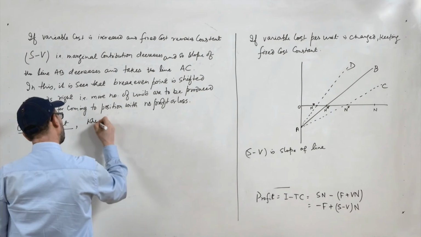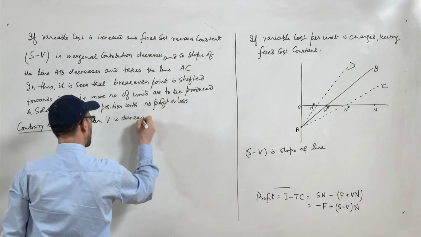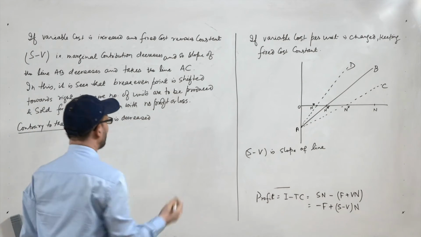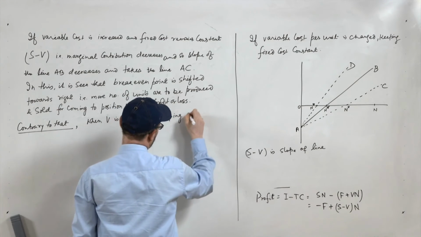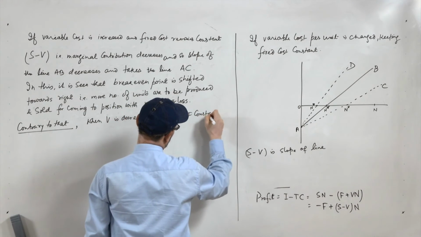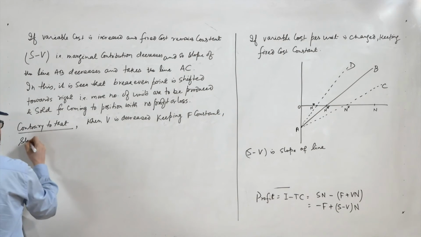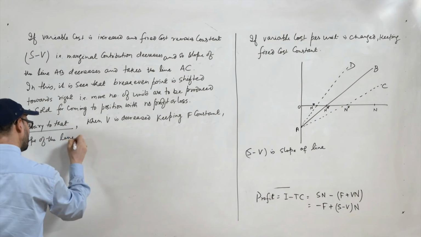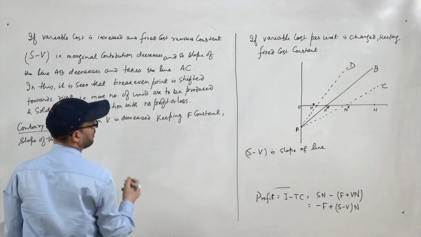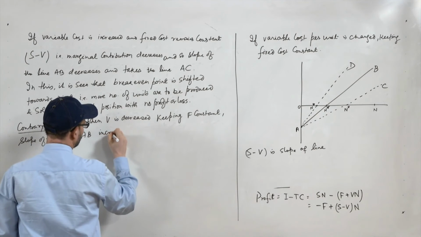when V is decreased, keeping F constant, the slope of the line AB increases.